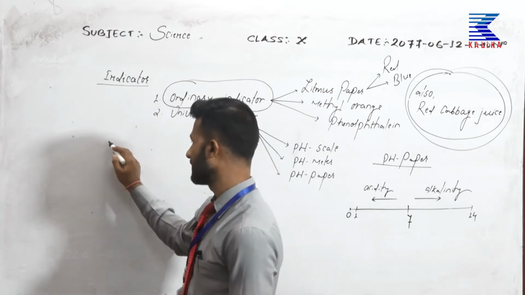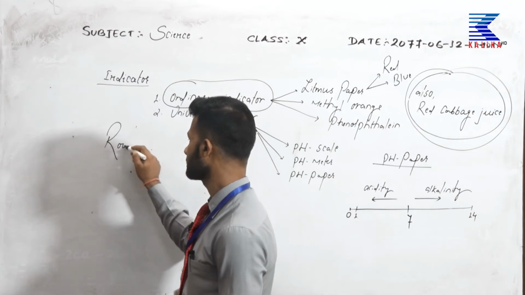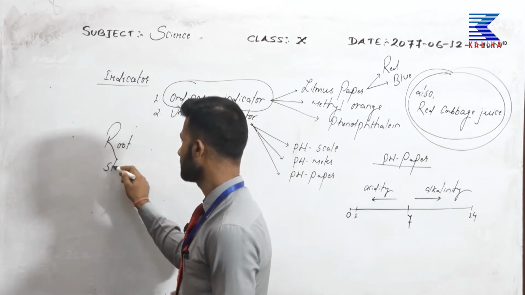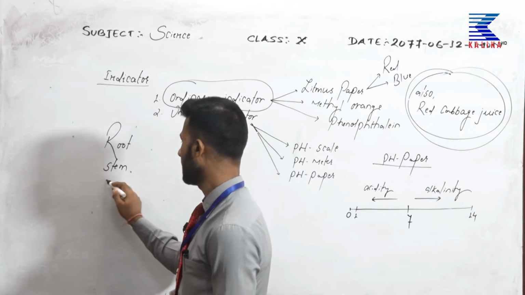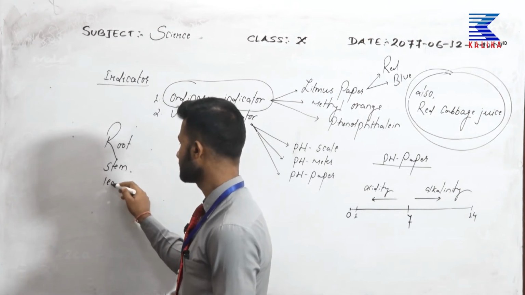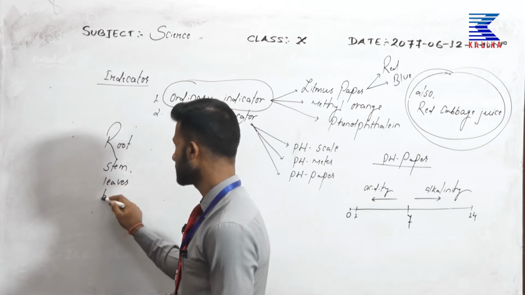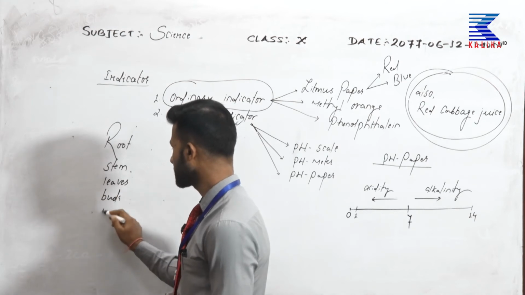The plants may be root, stem and leaves, maybe buds, parts of flower.